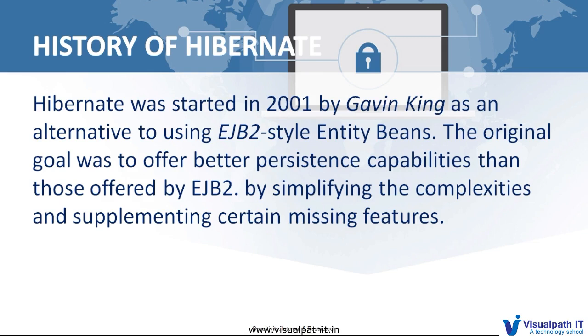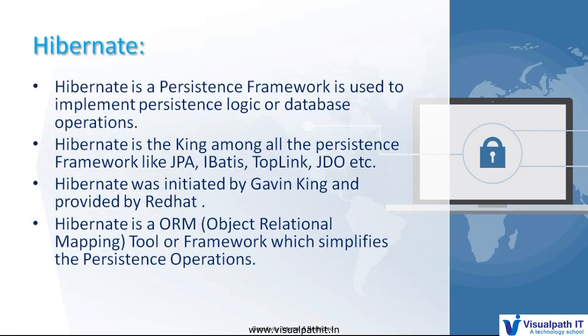But we see that it is all code duplication, like taking a connection and releasing a resource, and only 2 or 3 steps change from one connectivity to another. I added the same thing in this slide: Hibernate is a persistence framework, it is an ORM, and it is the best among all other ORM tools like iBATIS, TopLink, JDO, etc. I will explain why I say that it is the best among all other ORM tools.